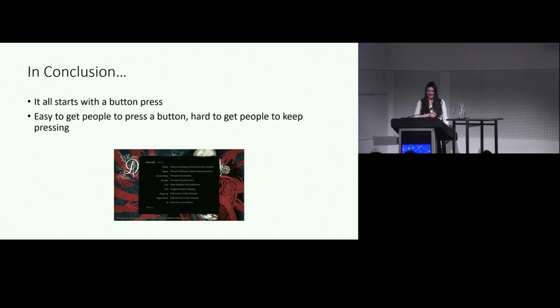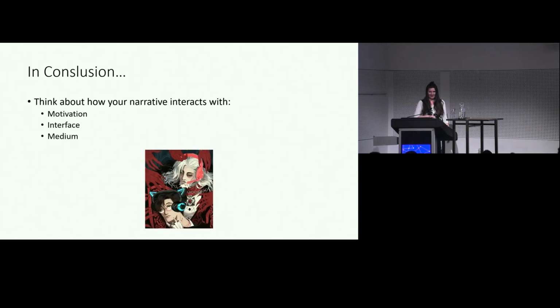So yes, in conclusion, everything starts with a button press. It's easy to get people to start pressing buttons and harder to get people to keep pressing them. So you've got to be mindful about what each of those button presses is doing, why people want to press them, and where things are going. In conclusion, think about how your narrative interacts with the motivation for players.